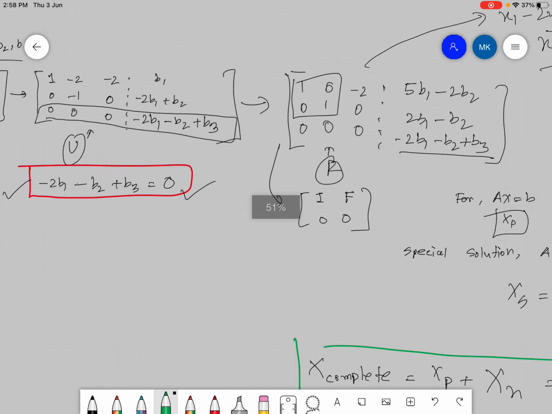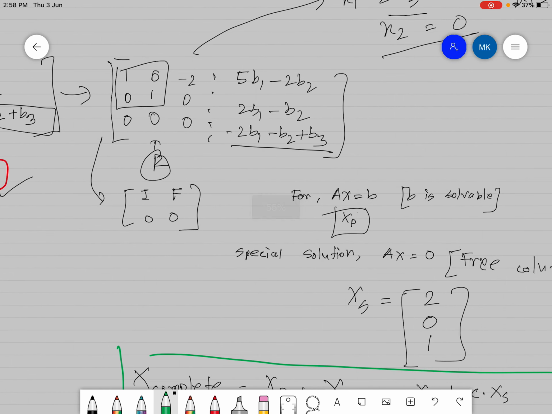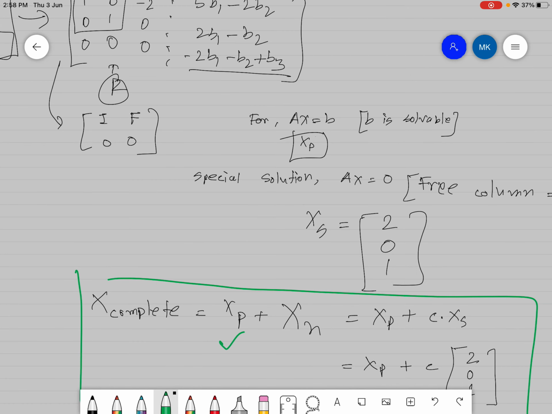Okay, now can we actually make conditions, or can we impose conditions on xp?